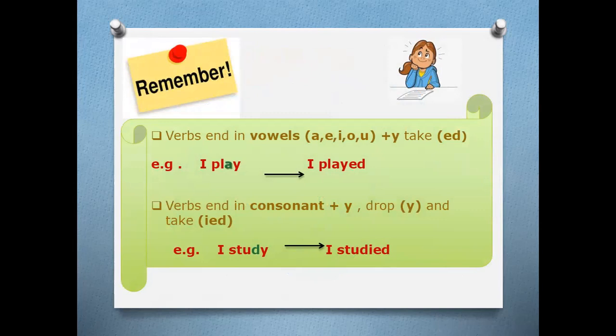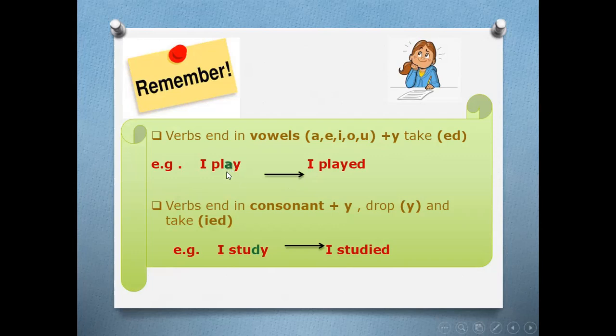Okay, so now let's see how to add ed or ied at the end of the verbs which end with y. الأفعال اللي بتنتهي by. So verbs that end in vowels plus y. So we have to look first of all at the letter which is before the y.